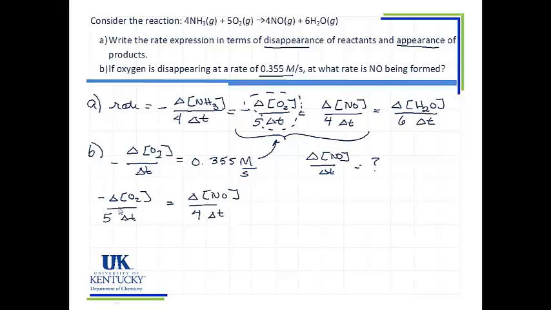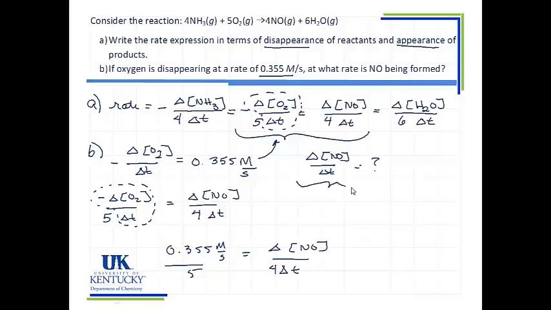I will put in place of this part the numerical value that they gave me, which is 0.355 molarity per second over 5 is equal to the change in concentration of NO divided by 4 delta T. We don't want the 4. Look up here at what we're trying to find, just how NO is changing with time.